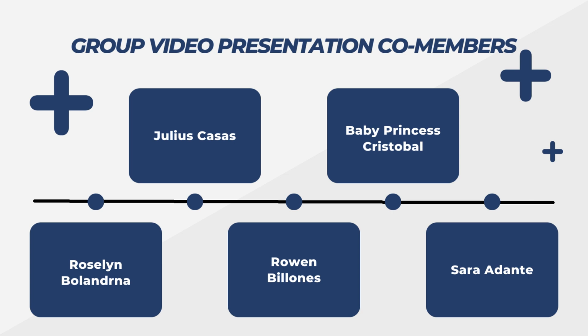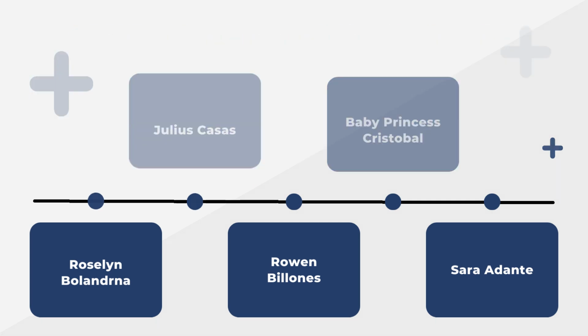We always had these video presentations, which I'll show in a bit. Our group leader, Mr. Julius Casas, always hands out the parts, whether we should be in the major takeaways or the practical applications. So let's proceed to lessons 1, 2, and 3.